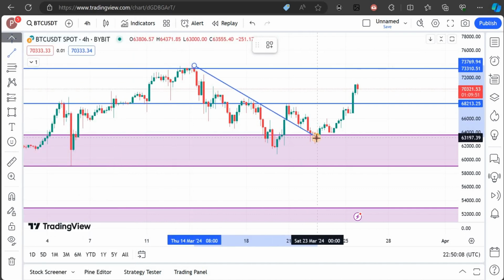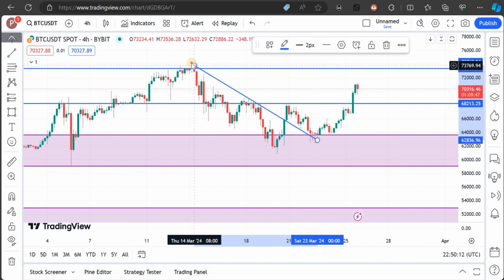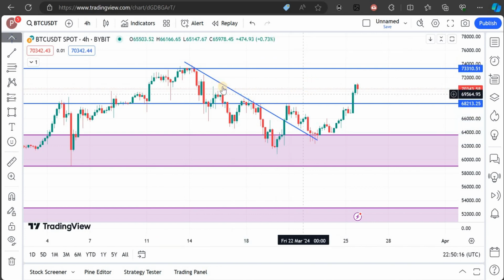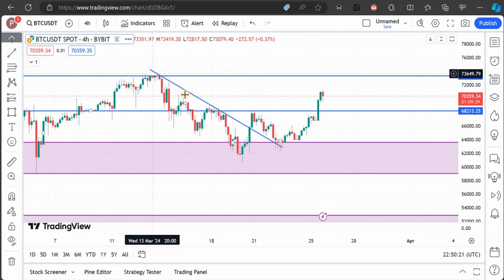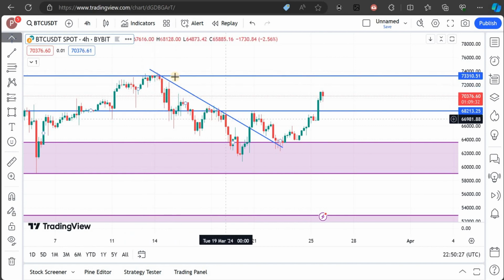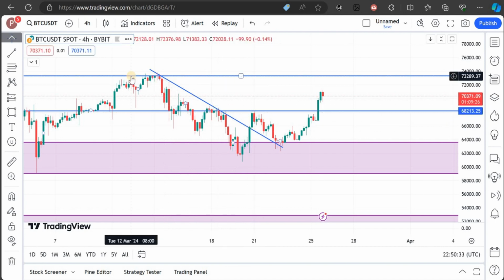What you want to do is, as soon as the market breaks this trend line upward, you are going to buy, because we are looking for buy opportunities since this market is bullish. This is 4 hours, meaning one candle took 4 hours, so this would have been probably 2 days before this breakout happened, right?